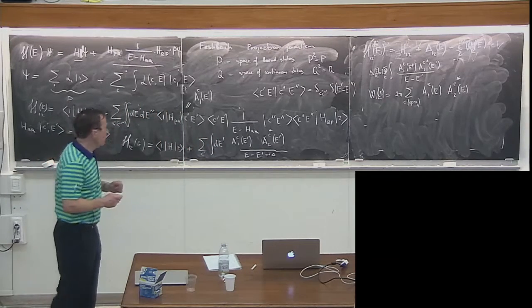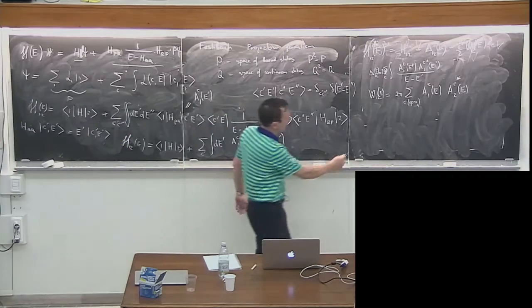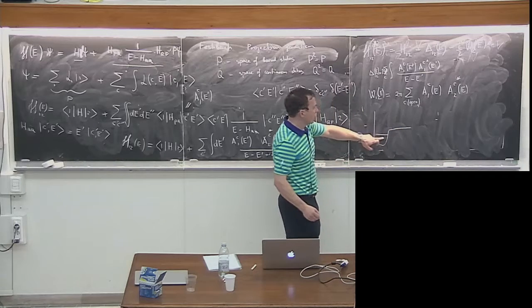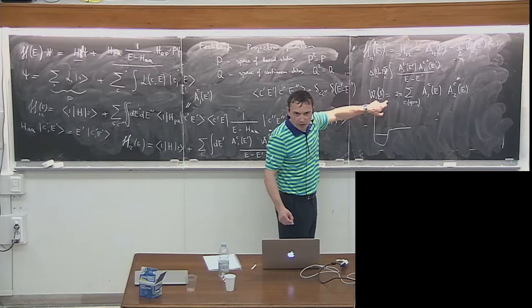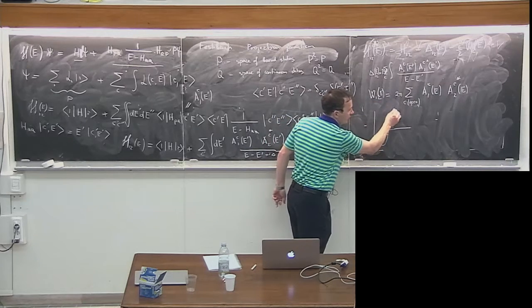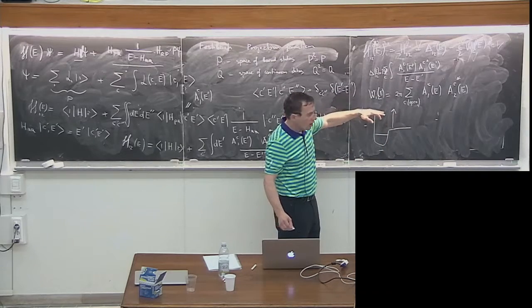Okay, so what I mean by open is coming back to our example. If I had my well, and I did perturbation theory for the state that is below 0, I never had an imaginary part. Because when I integrate over here, this is integration over my continuum.